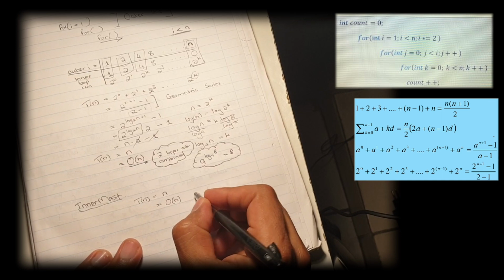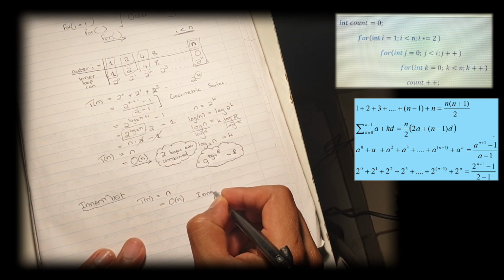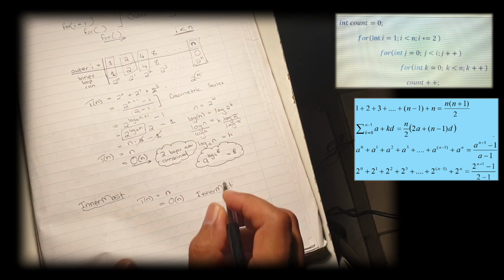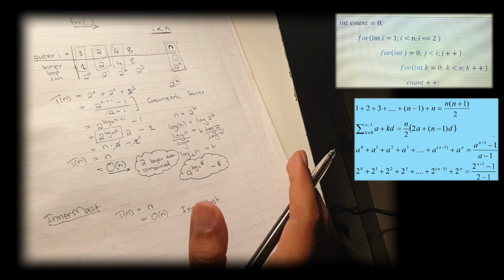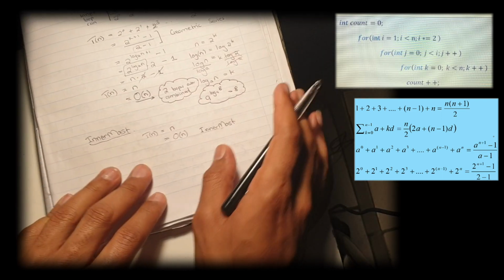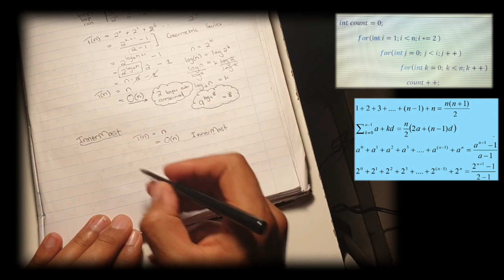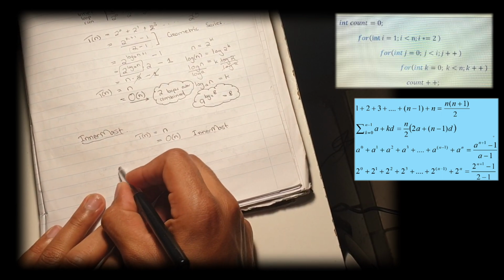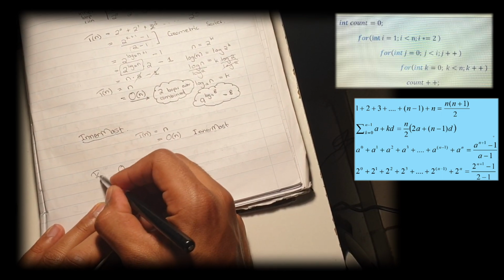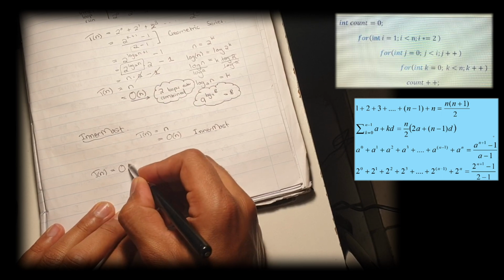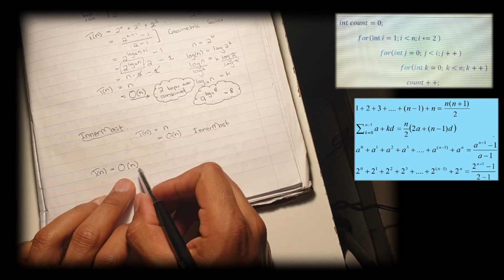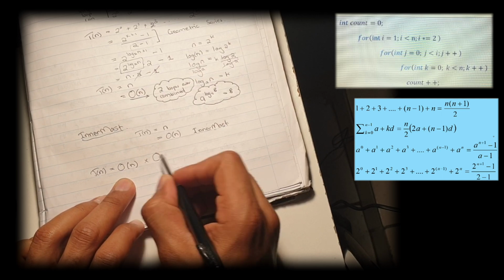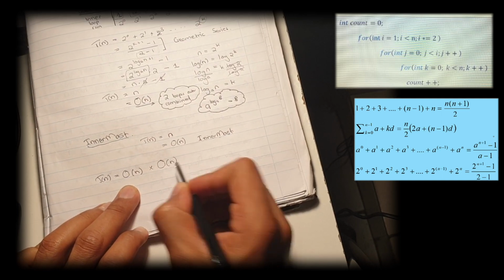Now we have the innermost loop. We simplified our expression. So the total T of n is going to be equal to the outermost times the innermost.